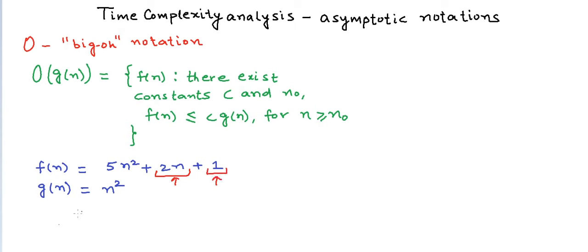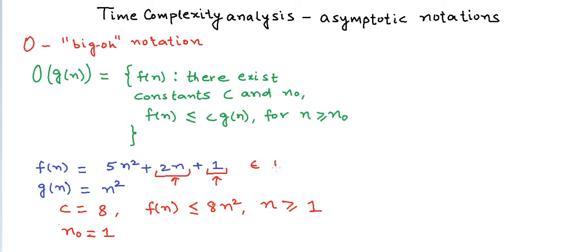So if we use c = 5 + 2 + 1, which is 8, then f(n) is always less than or equal to 8n² for all n greater than or equal to 1. So for c equal to 8 and n₀ equal to 1, we can say that f(n) is an element of the set O(n²). And we often also say this as f(n) = O(n²).